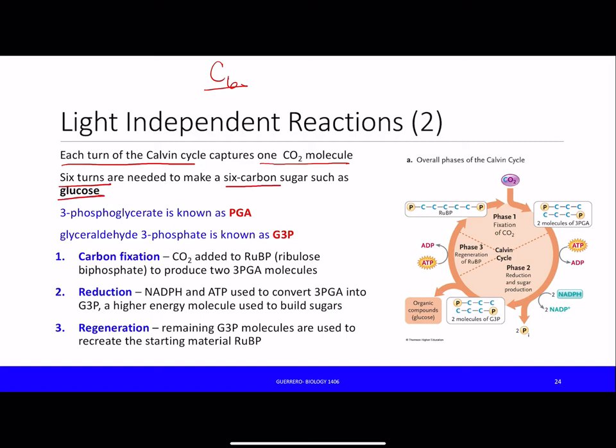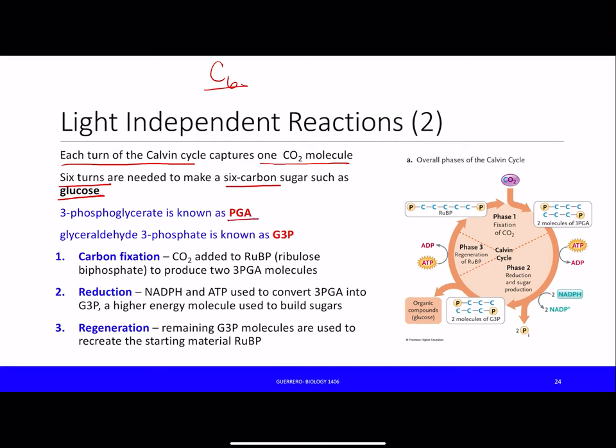Now, really what's going to happen is the Calvin cycle can make smaller sugars, and that's actually what's more efficient. So the Calvin cycle usually makes a 3-carbon sugar and then another 3-carbon sugar, and we put them together to make glucose. So there are 2 kinds of 3-carbon sugars.